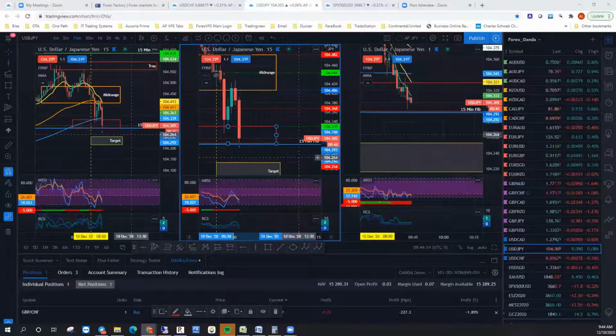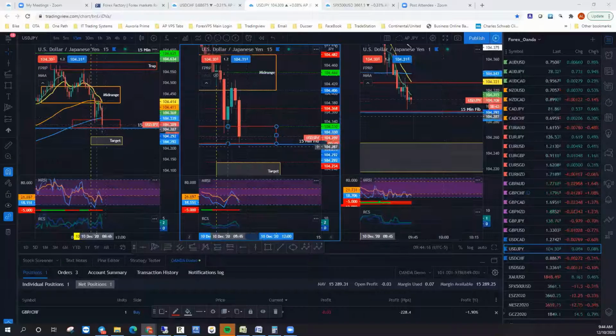I'm out of that one as well. It came right to this 15-minute fib line, right into this zone. I think once it comes back out and closes above, I'll be looking to take it long.